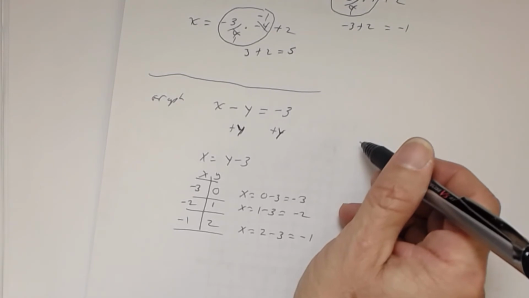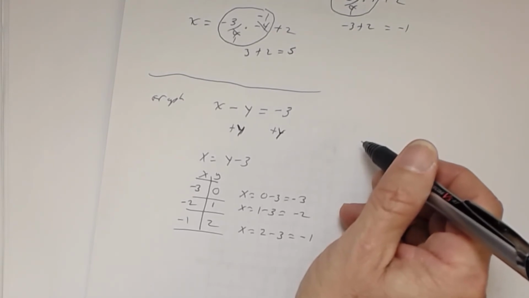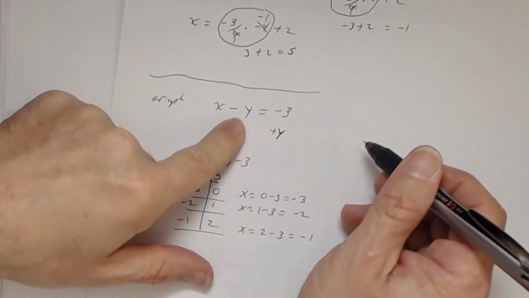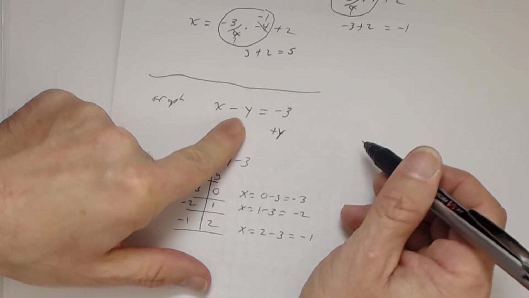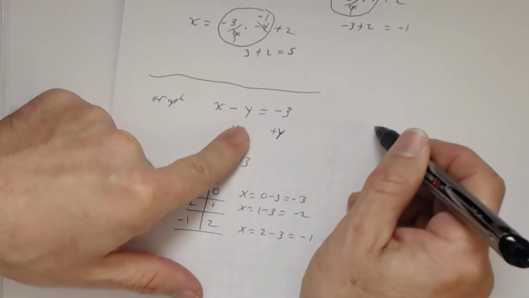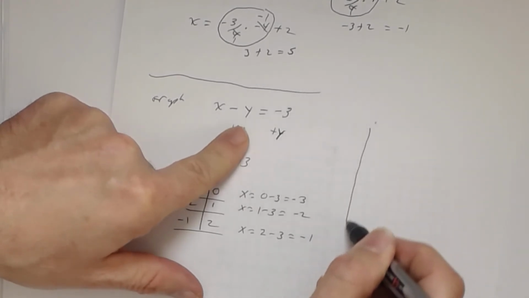You don't know that now. You will next week. Slope-intercept form is where you get y by itself. So if it says write in slope-intercept form, that means get y by itself. So let's see how to get y by itself.